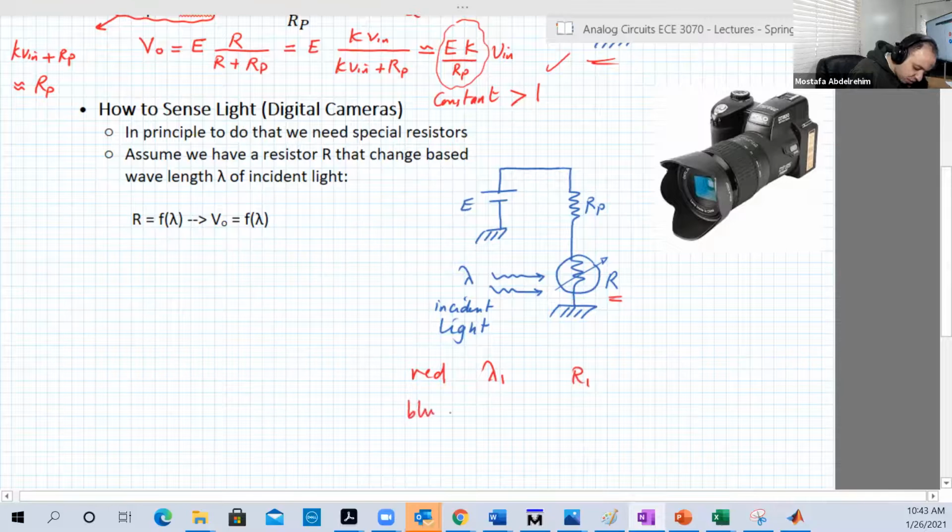For blue we have lambda 2, and you will have R2. Again, what is the voltage at that point? It's E. And those are in series. What is the VO here? VO again is equal to E times R over R plus RP.